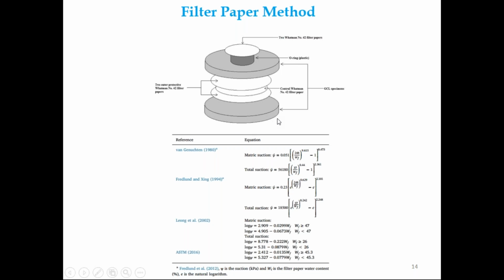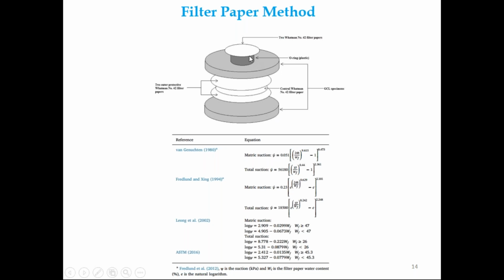After moisture equilibrium, the water content of the filter paper is measured, and the suction of the specimen is obtained using the calibration curves of various filter papers like Van Genuchten, Fredlund and Xing, Leong et al., and ASTM 2016. So these are the calibration curves for filter paper.